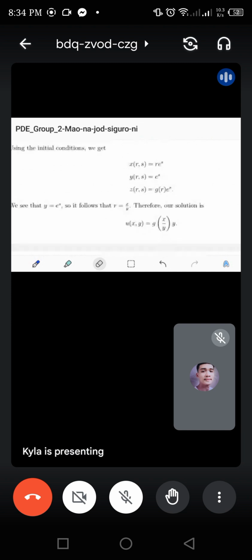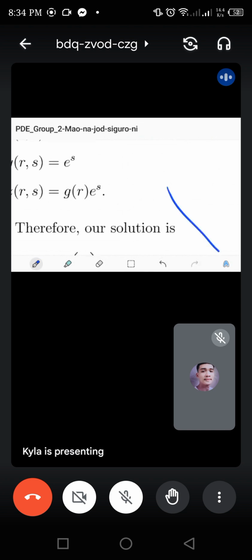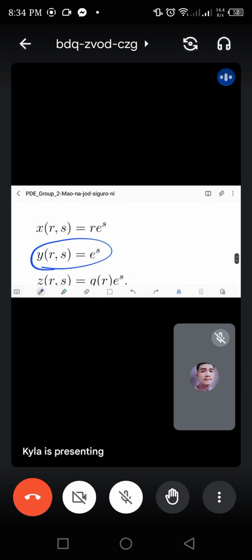And then after that, from the second equation, we see that y is equal to e raised to s. So it follows that r is equal to x over y. So e raised to s is equal to y, meaning it can be replaced by y.